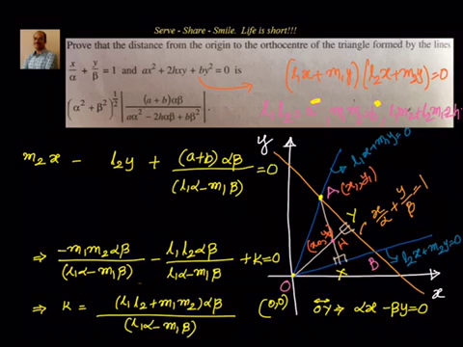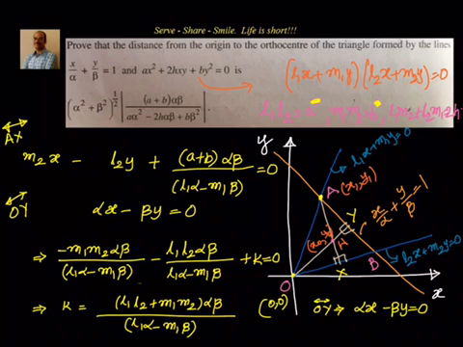This is the equation of AX. AX equation, altitude equation of AX. Another equation we know already for OY. OY equation, we know that that's nothing but alpha x minus beta y equal to 0.